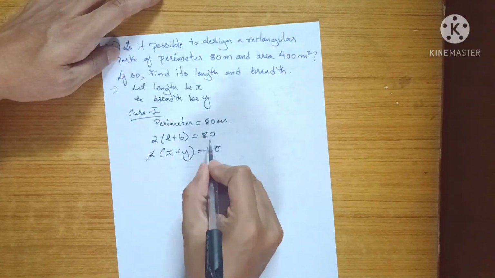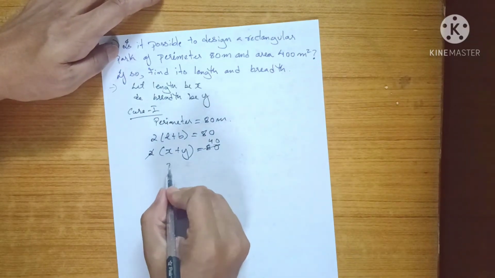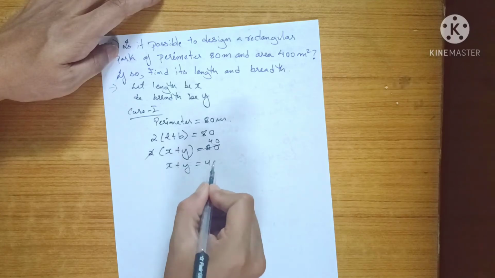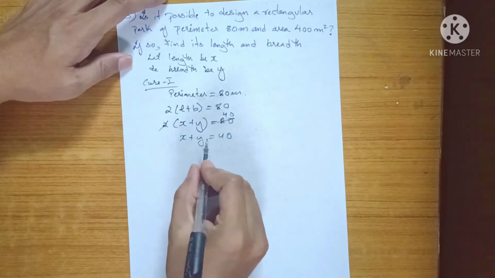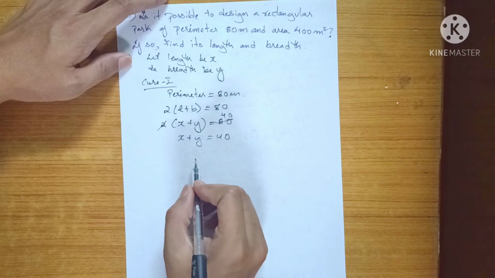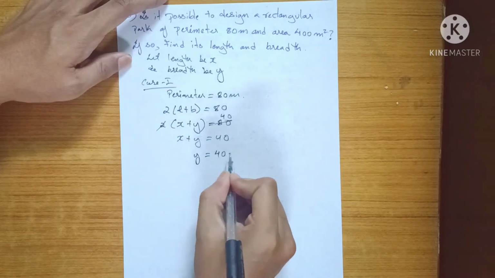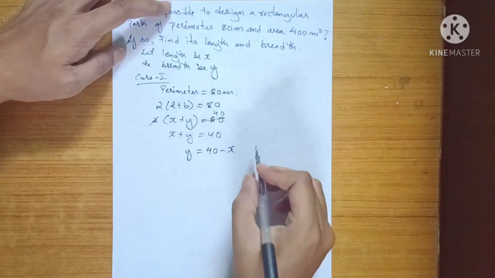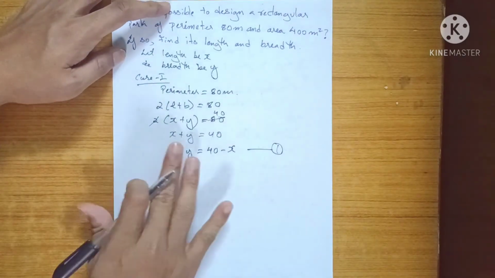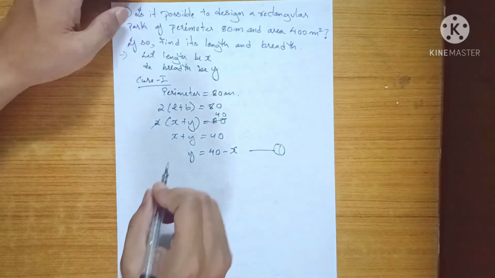Now I can cut this to 40, so x plus y equal to 40. Now I can send y this side, or I can send x this side, it doesn't matter actually. So I'll just send x this side, minus x. You send x, you send y, same thing, okay.